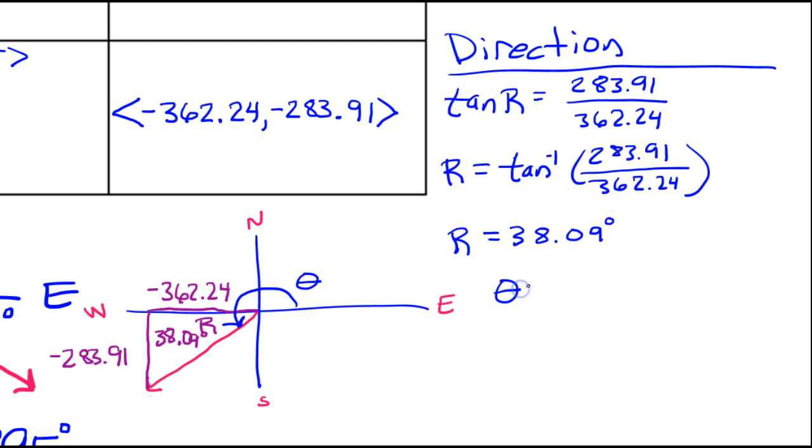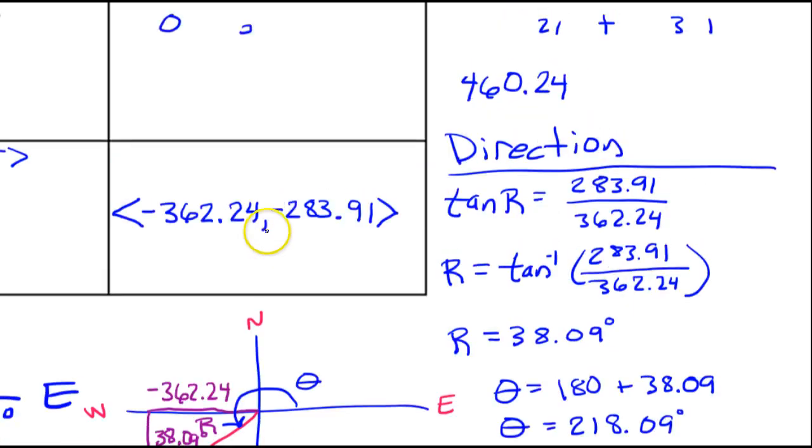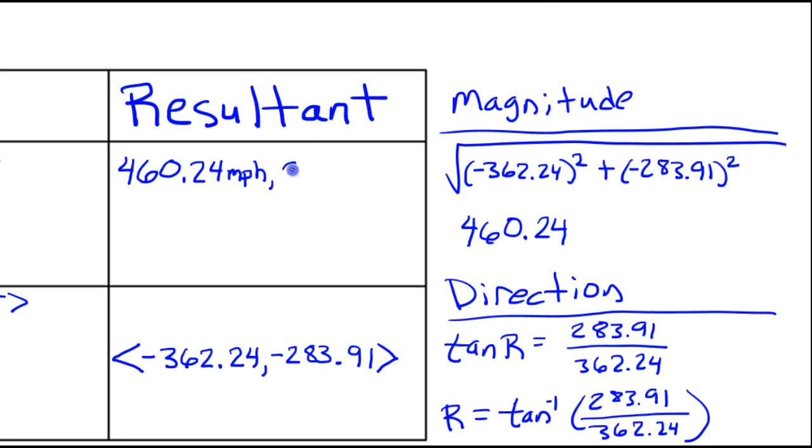And we would calculate theta by doing 180 degrees, which is what we have at west, but then we're going an additional 38.09 degrees. So if we did that, we'd get a direction of 218.09 degrees. So now we have the magnitude and the direction.